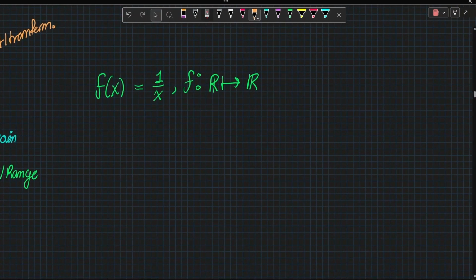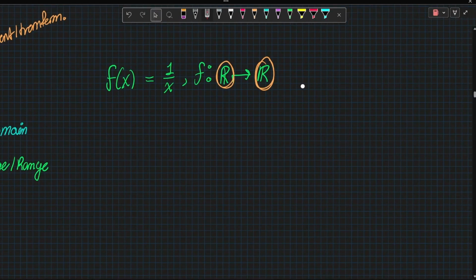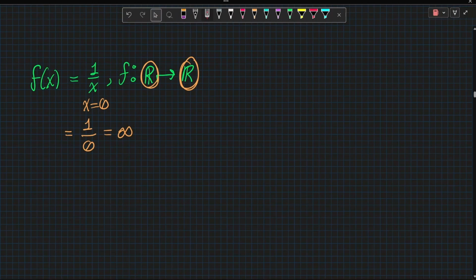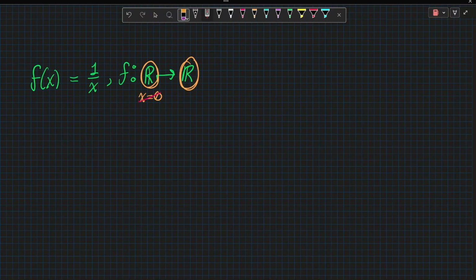Now, you might say, well, yes, it does map all real numbers to all real numbers. The issue is when we have x equaling 0, which means we have the phenomenon where we have 1 over 0, which is equal to infinity. And that's not really allowed for us, which means that x equals 0 is not part of our domain, technically, the actual domain.